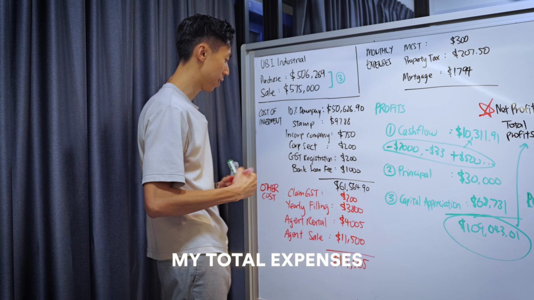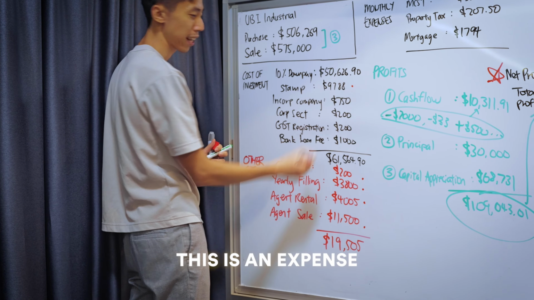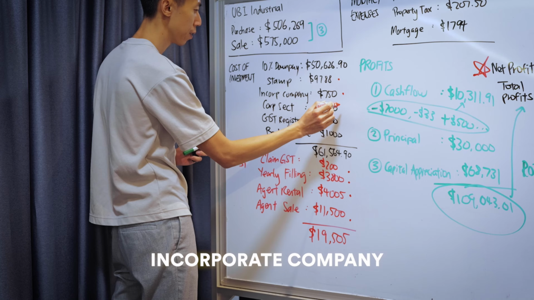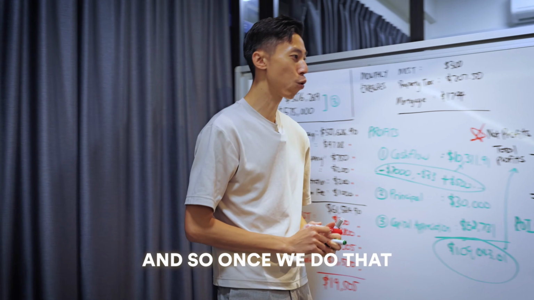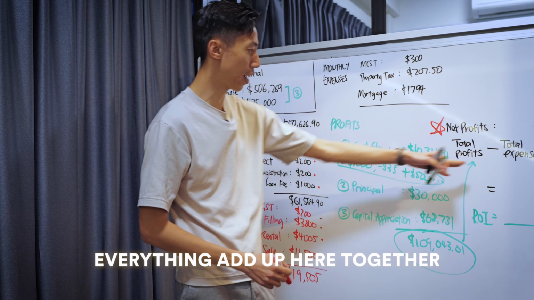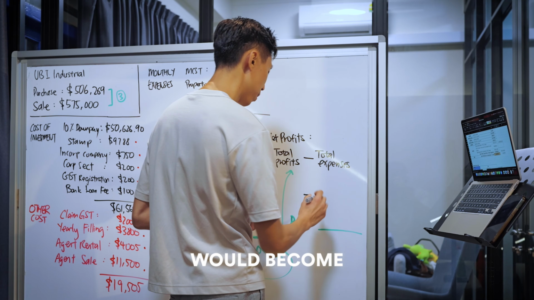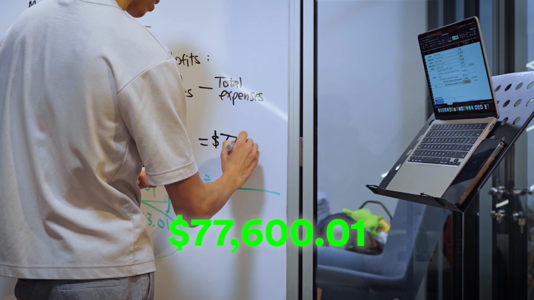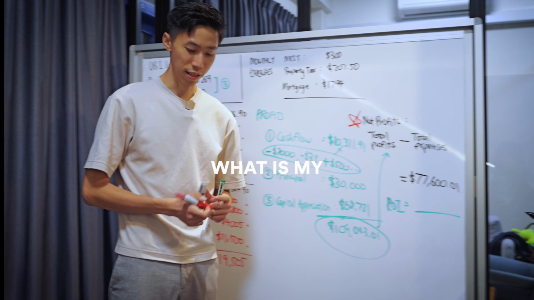My total expenses are everything here. This is an expense, stamp duty, incorporate company, CorpSec, GST, all these are expenses. And so once we do that, alright, everything add up here together, my net profit would become 77,600.01.